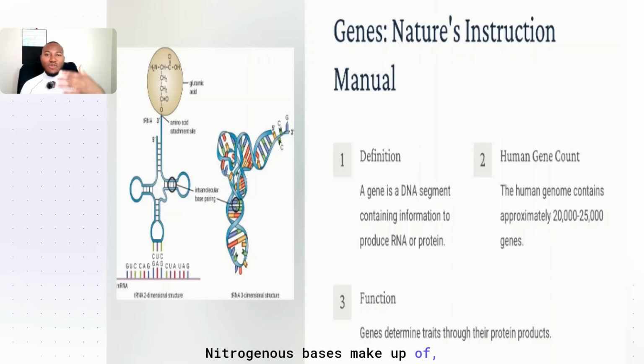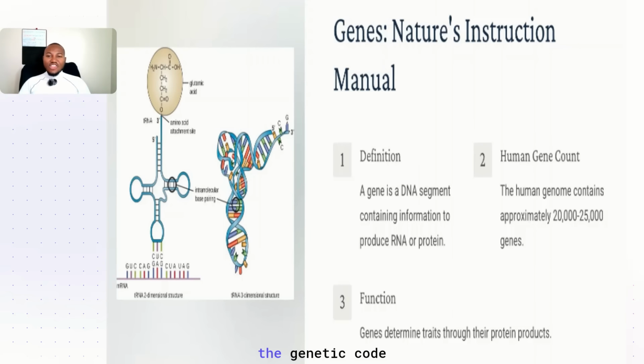Nitrogenous bases make the nucleotide. The nucleotide makes the DNA. The DNA, when it's tied together with histone, makes up chromatin. Remember that. That is the order. Because they will put carbon here, they will put chromatin here. No. Remember, it is carbon, nitrogenous base, nucleotide, DNA, and what?